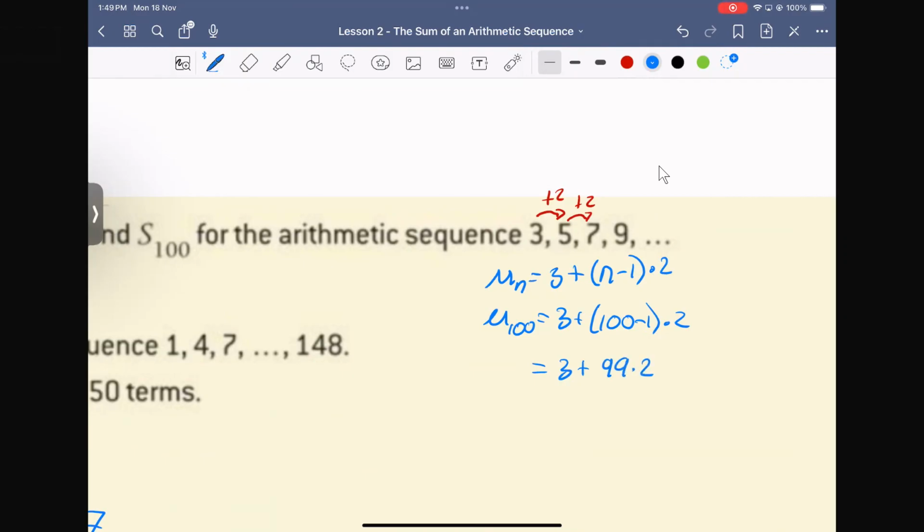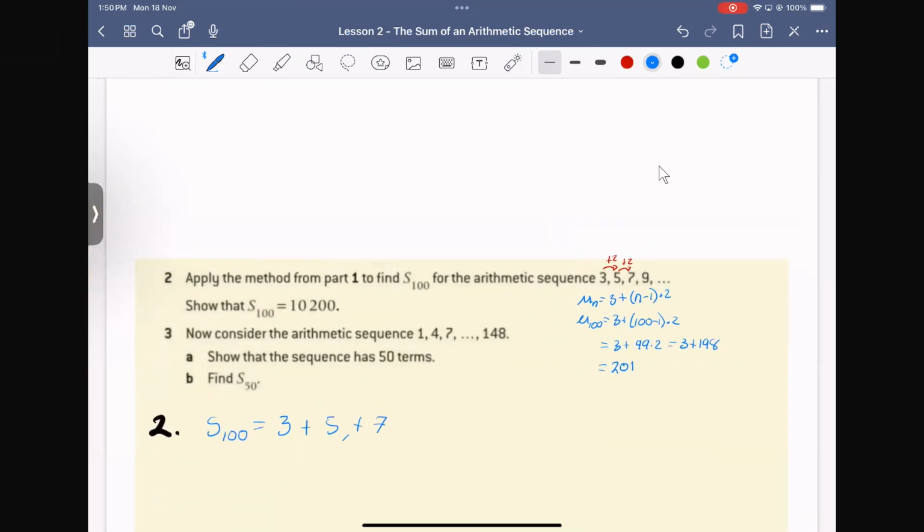What is 99 times 2? So we'll get 3 plus 198. 3 plus 198 is how much? 201. All right, so we found the 100th term in our sequence.